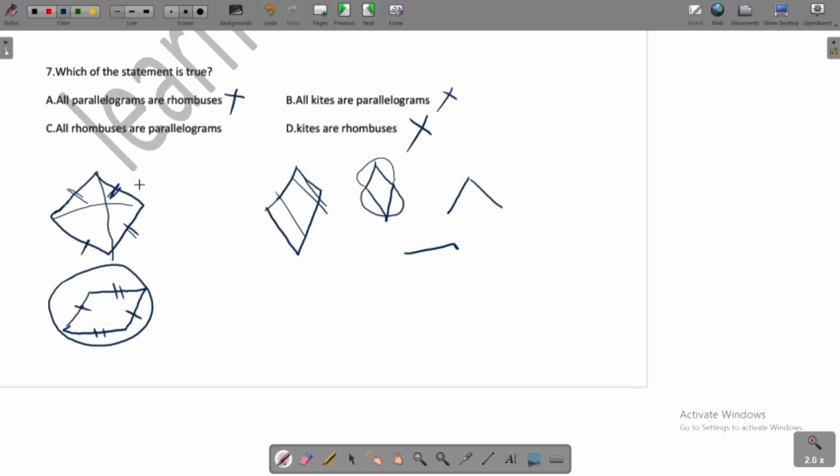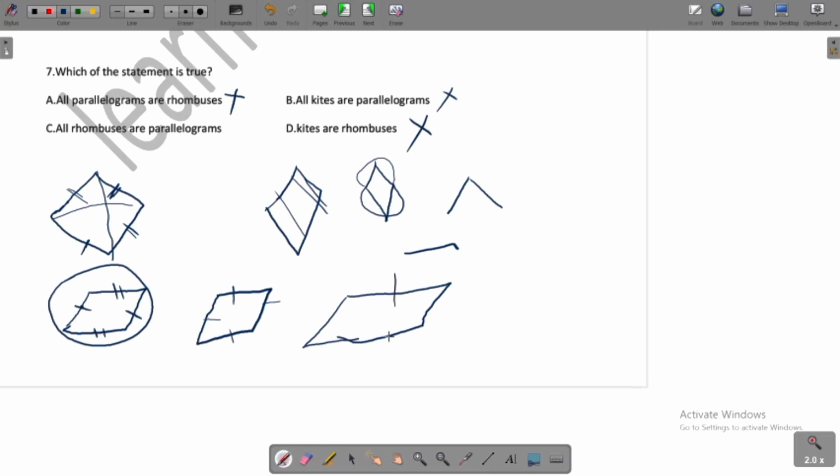But it's not every time they will have four equal sides. We can have this as our parallelogram, assuming that these four sides are equal. So this and this are equal, this and this are also equal. And we can also have this as our parallelogram.